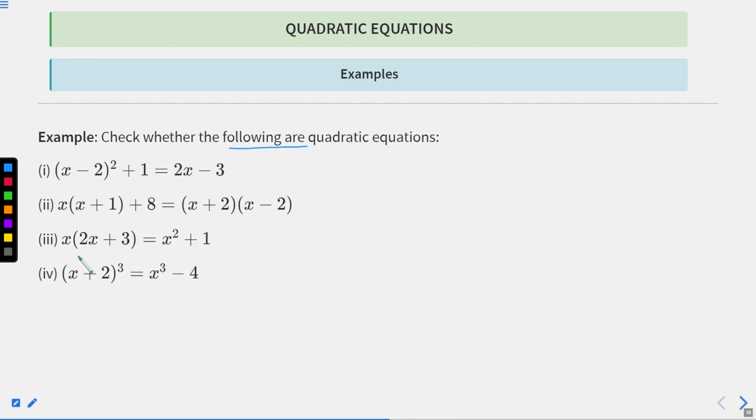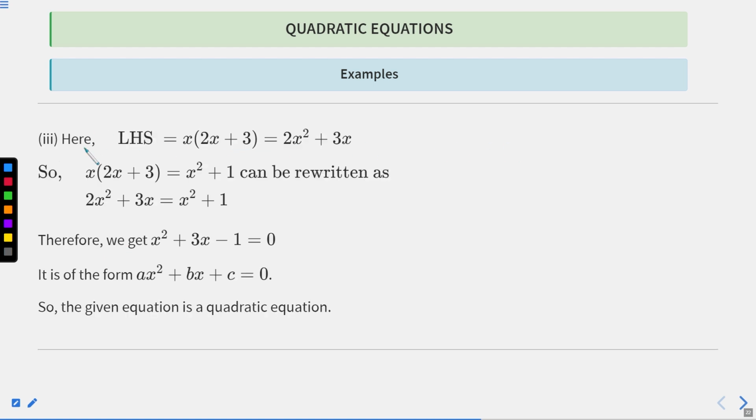question number 3. In question number 3 we have given x times 2x plus 3 is equal to x square plus 1. We can solve by taking the left hand side: x times 2x plus 3 is equal to 2x square plus 3x.